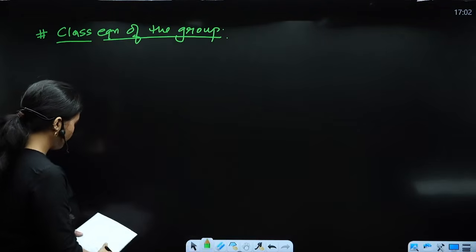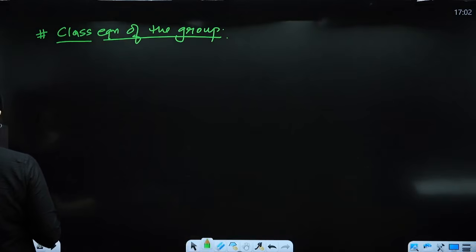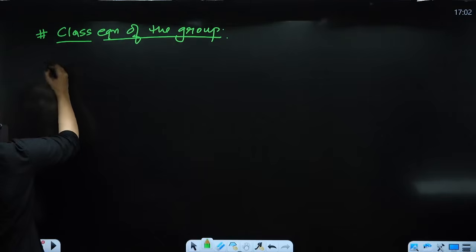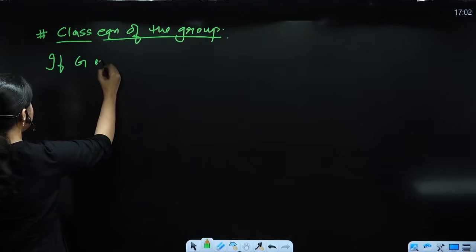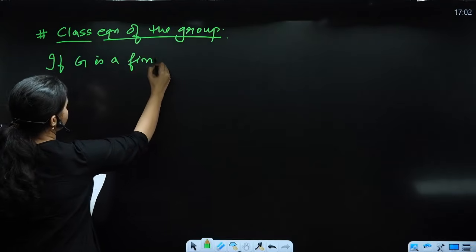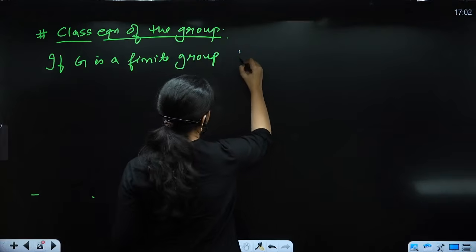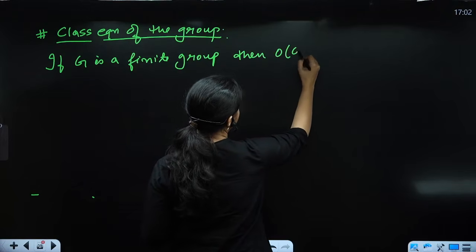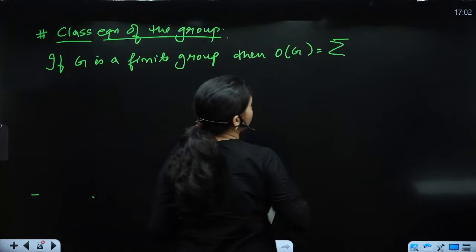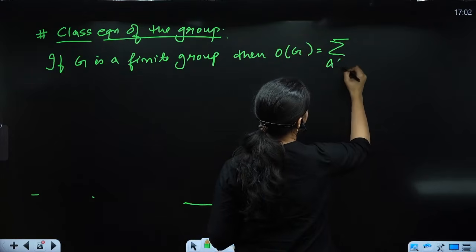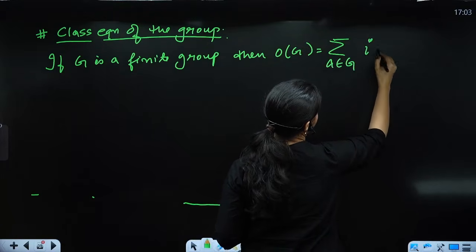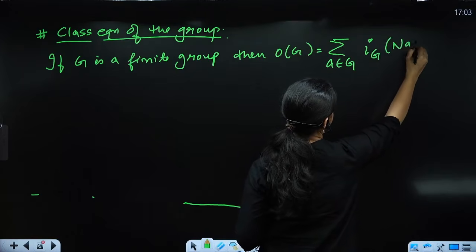Now, right, if G is a finite group, okay, then order of G equals the summation over A belonging to G of the index of NA.